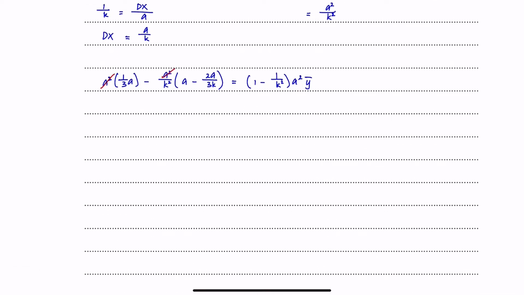So we can cancel the A squared. So now we would get A times 1 over 3 minus 1 over K squared plus 2 over 3K cubed. And this is equal to K squared minus 1 over K squared times y bar.